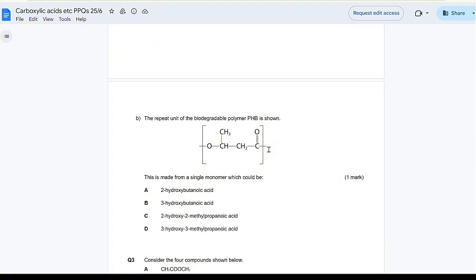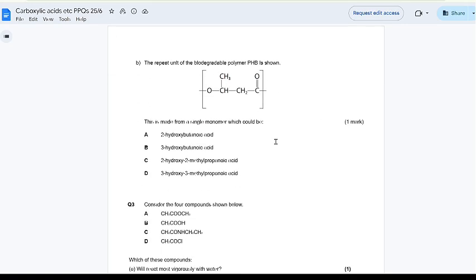Oh, that's question 2A, so you have question 2B now. PHB, single monomer, which could be methyl propanoic or butanoic.